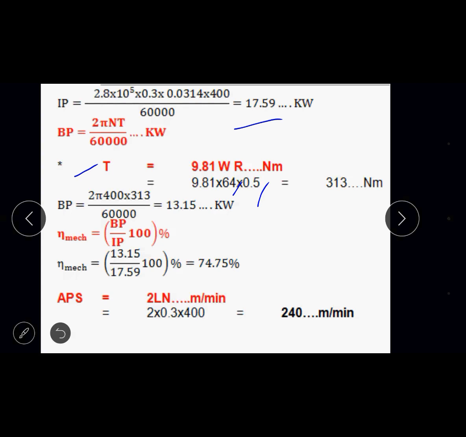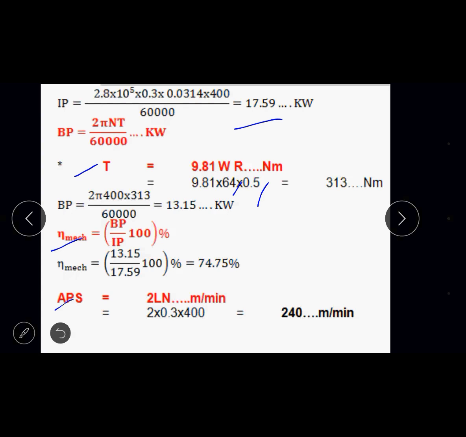Then coming to the next one, so this is about mechanical efficiency. Coming to the average piston speed. What is the speed of the piston it travels? Its formula is 2LN in meter per minute. Since capital N is in rpm, revolutions per minute, you will get the speed in meter per minute.